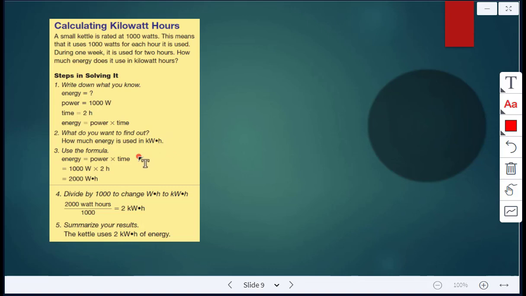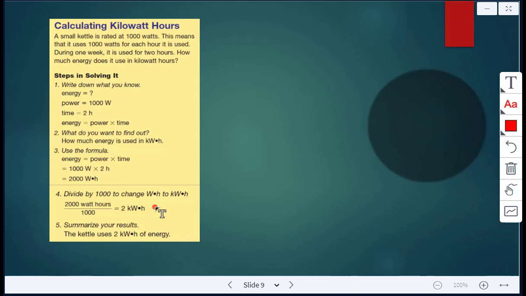So using our formula, power times time, it's 1,000 watts multiplied by 2 hours, which gives you 2,000 watt hours. But we need to change this to kilowatt hours, so we have to divide by 1,000. You take that 2,000 watt hours, divide by 1,000 to get 2 kilowatt hours.